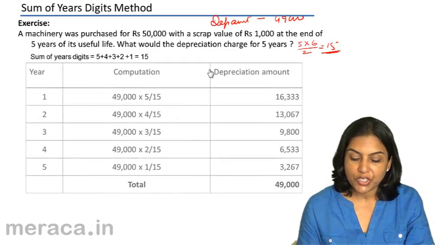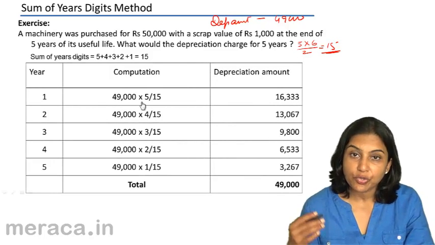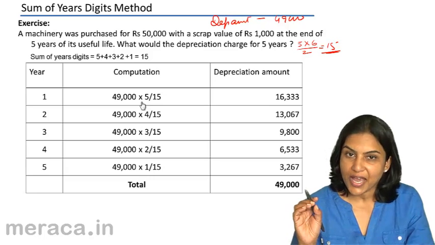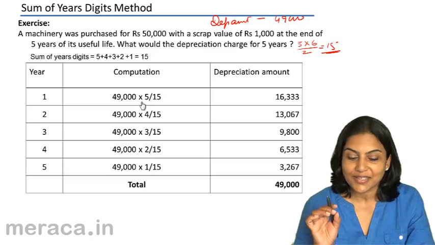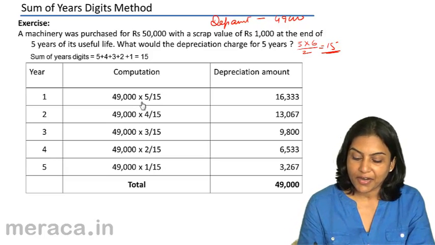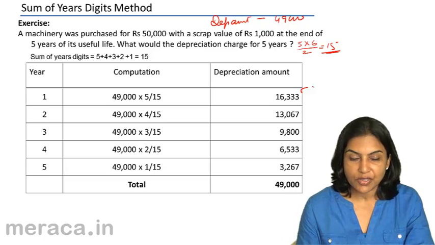Next, the computation for the first year depreciation would be 49,000 into the remaining life of the asset, including the current year. Therefore, we have taken 5 years, that is the entire life of the asset, divided by 15. Depreciation amount 16,333.